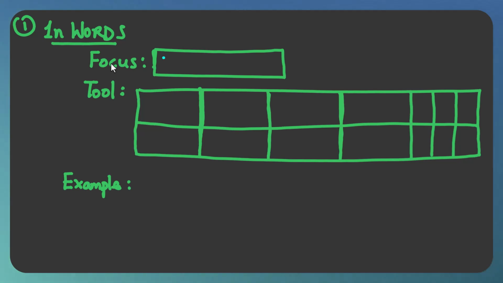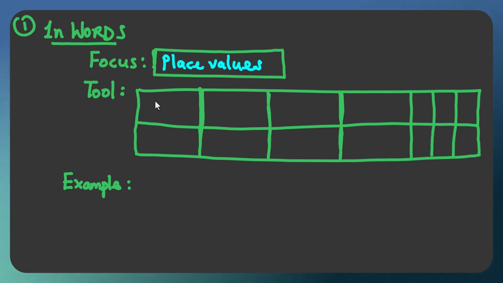First, when we are going to be focusing on words, we look at how to place digits between 0 and 9 in place values. These place values are among the tools that you need to be aware of when placing digits on a particular place value. This includes the following grid.